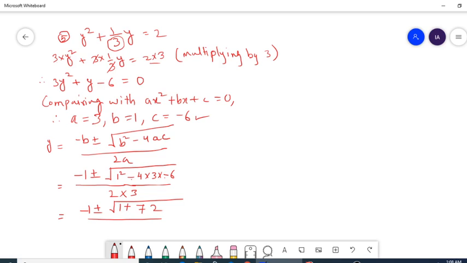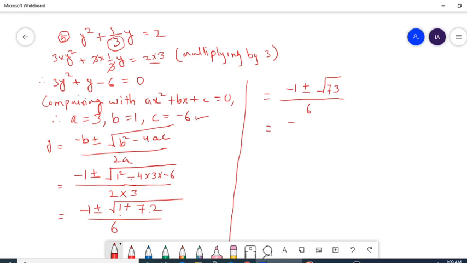So here I'll take 6. Now minus 1 plus minus root of 1 plus 72, that is 73, upon 6.